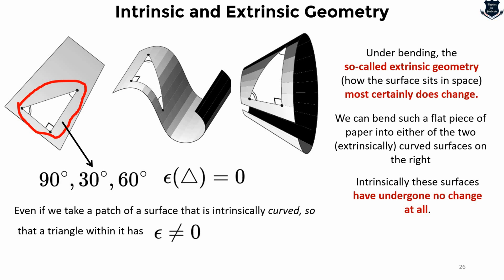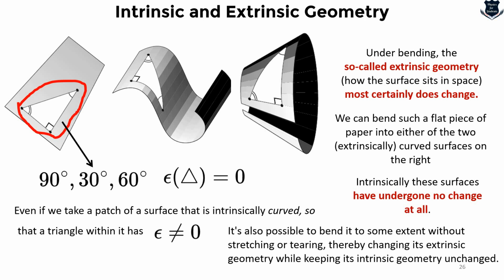Now, I'm just taking a patch of a surface that is intrinsically curved, so that a triangle within it has epsilon not equal to 0. Then it too can generally be bent, somewhat, without stretching or tearing it, and thereby we are altering its extrinsic geometry while leaving its intrinsic geometry unchanged.